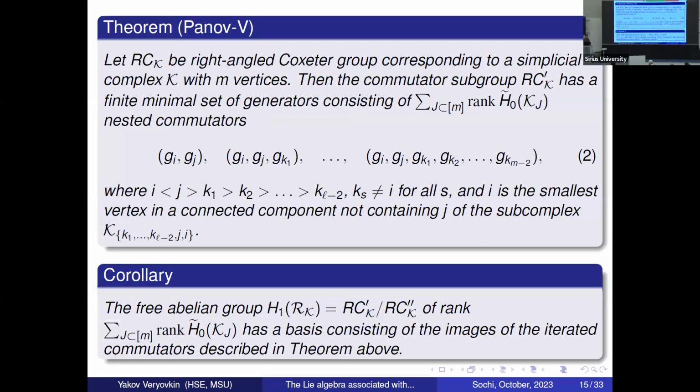Theorem of Panov and Veryovkin. Let RCK be the right-angled Coxeter group corresponding to a simplicial complex K with m vertices.